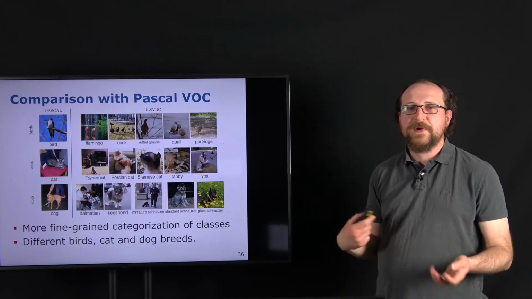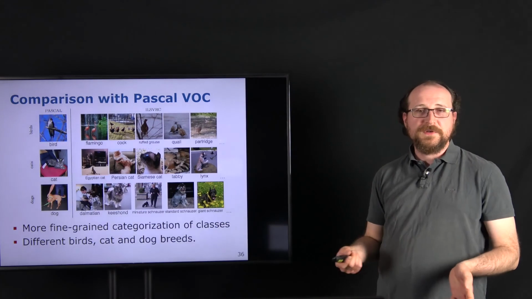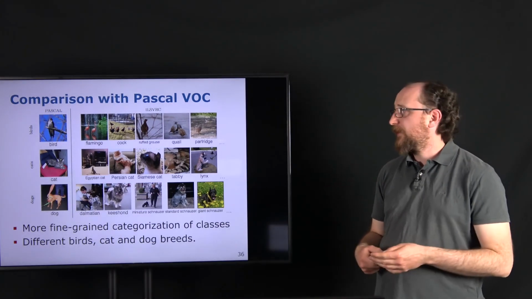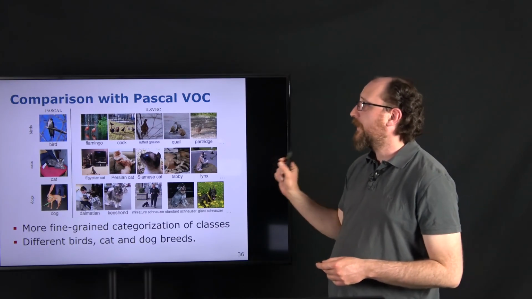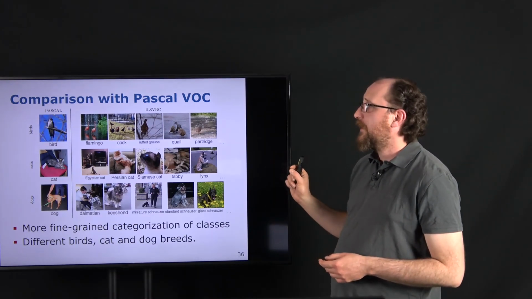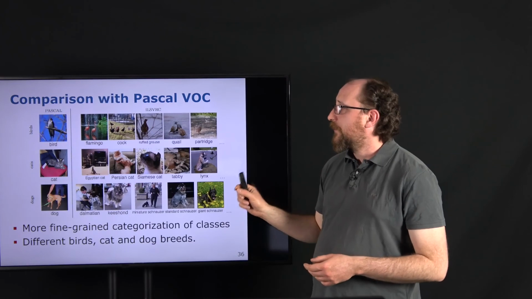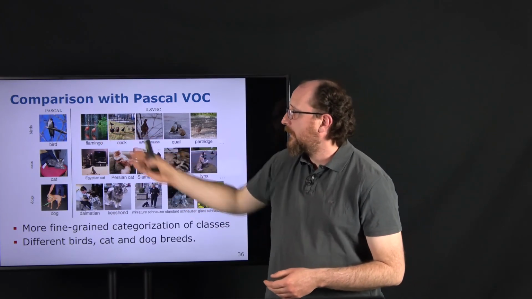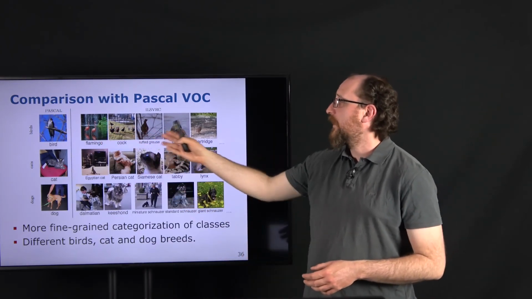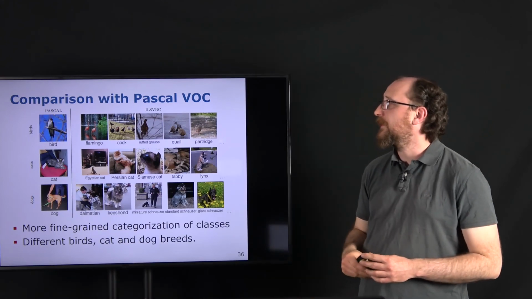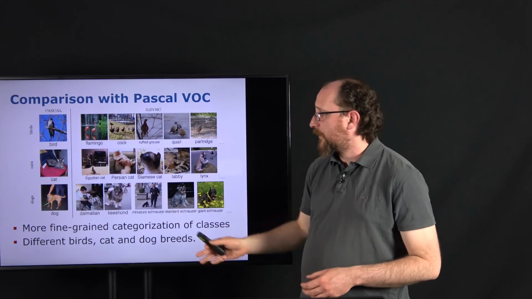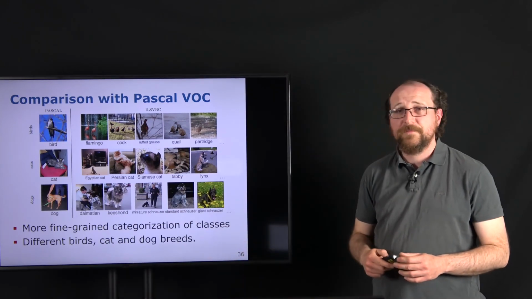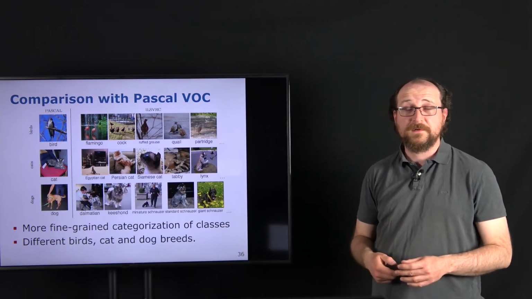When we compare Pascal VOC to ImageNet, we see, of course, that because of the many more classes, you had a more fine-grained representation of the different classes. While we had maybe a bird in Pascal, we now have very different birds represented in the ImageNet dataset, but also for cat and for dog, which makes it more complicated.